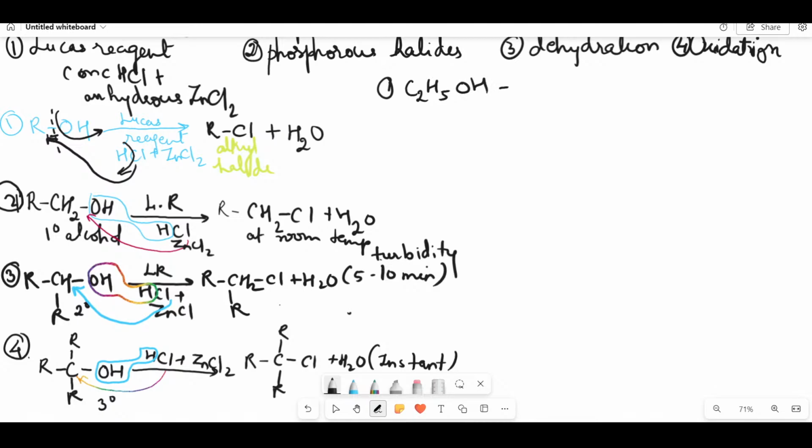When I treat it with PCl3, that is phosphorus trichloride, what we get is a similar kind of thing as has taken place with LR. Same thing will happen over here. The OH group will be removed and one chlorine will replace it.